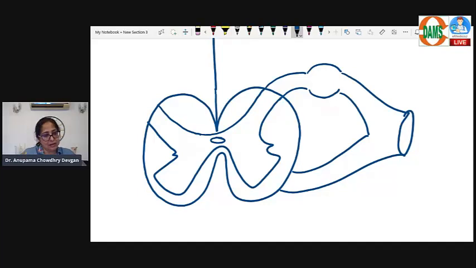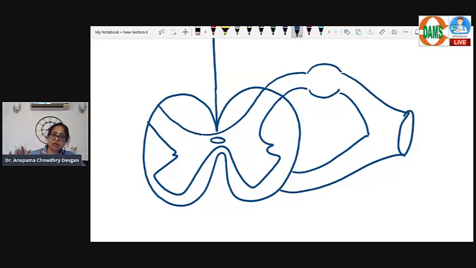And which tract carries localization? The posterior column. So if there is a posterior column lesion, graphesthesia will be absent because localization will be lost. That is what it is trying to tell you.